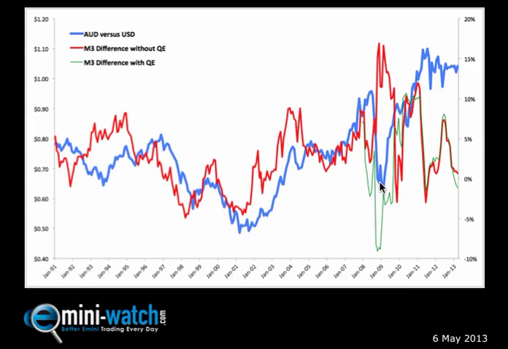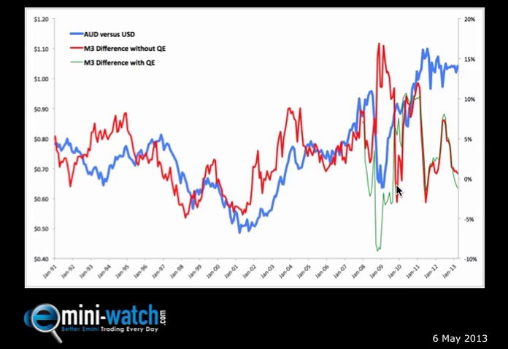The money flowed into the US in order to repair balance sheets. So the Aussie dollar got hit very badly, although the Australian economy was a lot stronger. And we effectively almost sailed through the global financial crisis with very few repercussions compared to everybody else. It wasn't nothing, but compared to everybody else, we did a lot better.